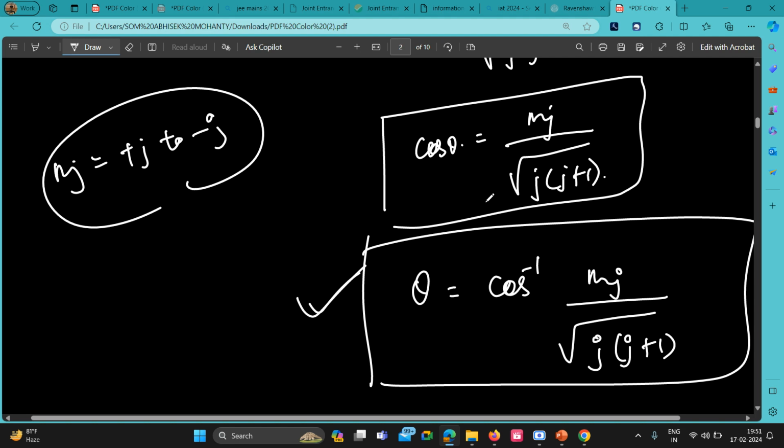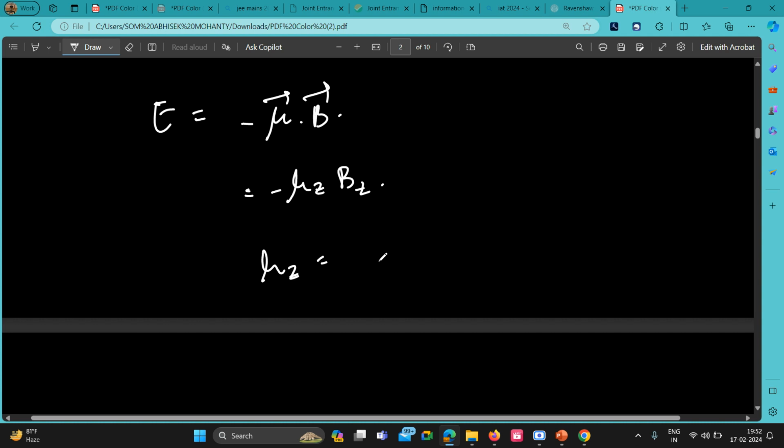So our energy value is what? Energy value is minus mu dot B. So minus mu z Bz. And mu z is what?